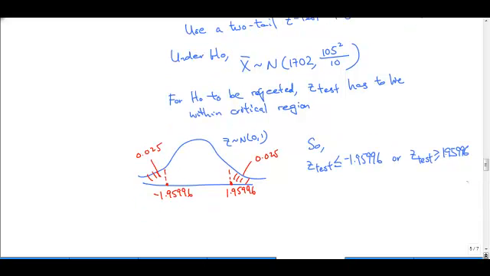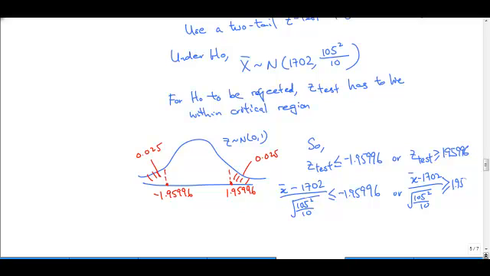The formula for my z-test is x bar subtract mu naught, in this case 1702, divided by the standard deviation of x bar, so square root of 105 squared divided by 10, less than or equal to negative 1.95996. Or x bar subtract 1702 divided by square root of 105 squared over 10 has to be more than or equal to 1.95996. Solving these two inequalities will give us the answer.